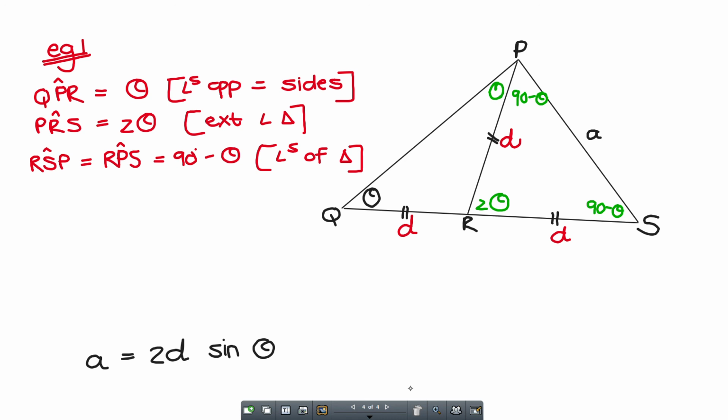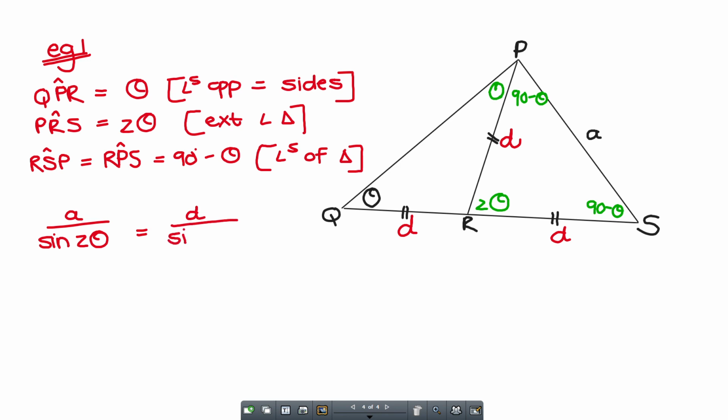Okay, right. So, if we use sine rule, I'm going to say A over sine 2 theta, sorry, would be equal to D over sine 90 minus theta.